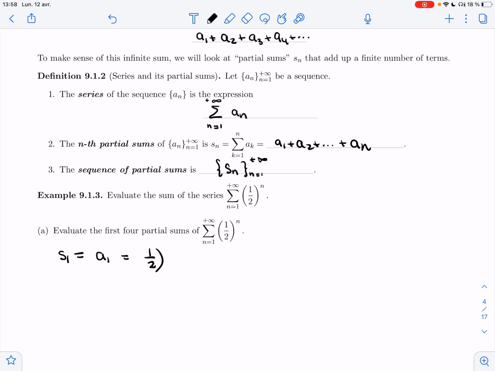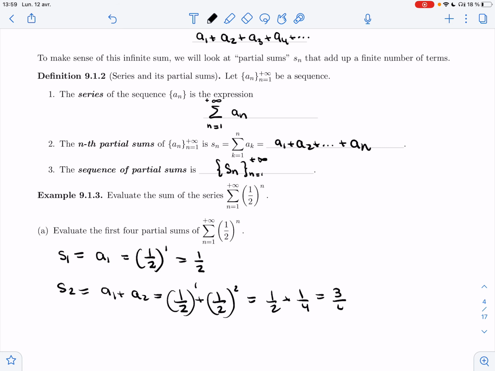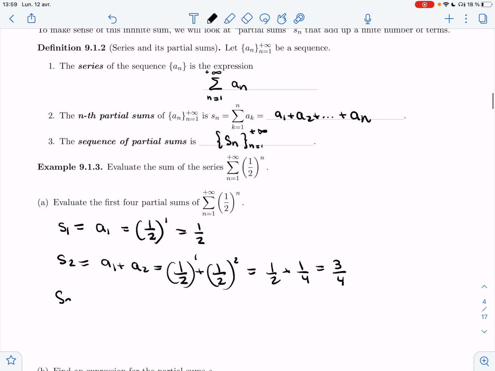That's 1/2 to the 1. That's 1/2. S2, we add up the first 2 terms. And so we get 1/2 plus 1/2 squared, so 1/2 plus 1/4. We get 3/4.